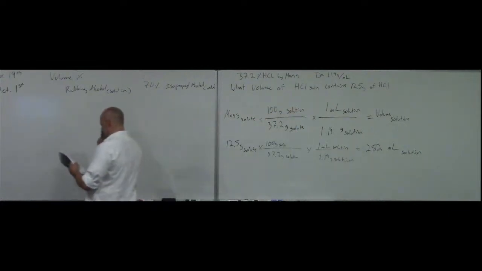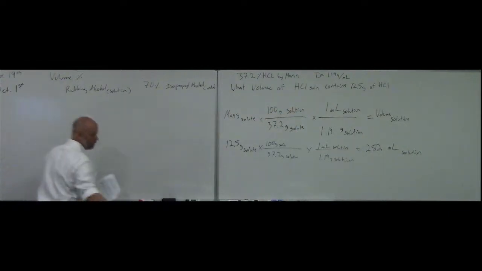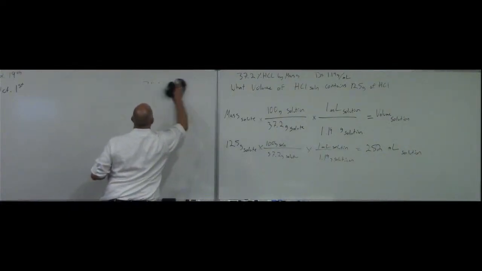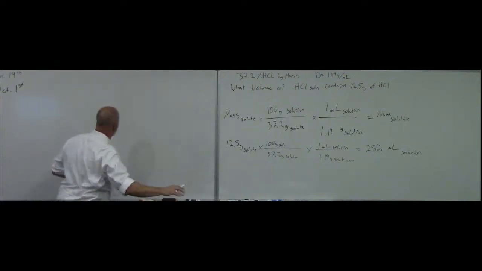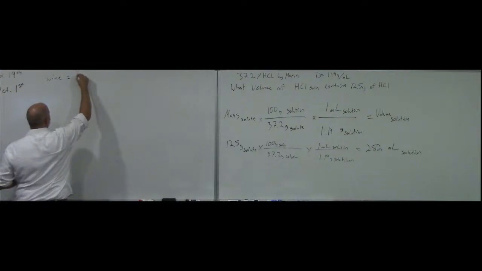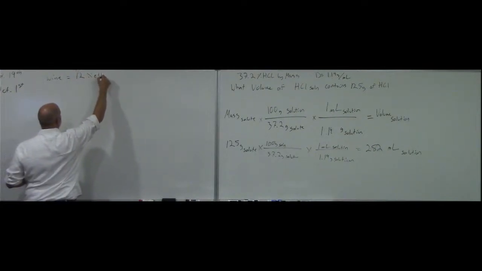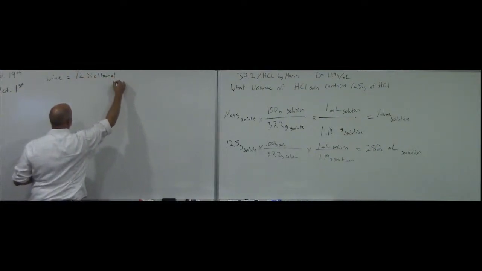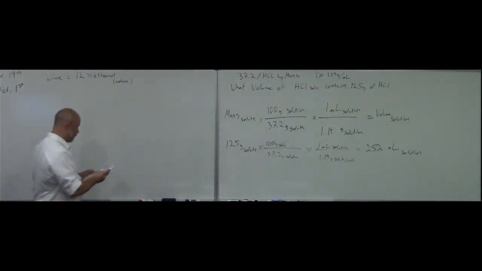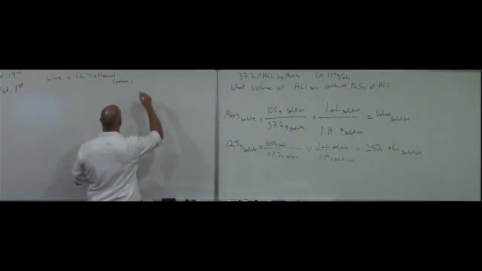Wine is approximately 12% ethanol by volume. Ethanol has a molar mass of 46.06 grams per mole.